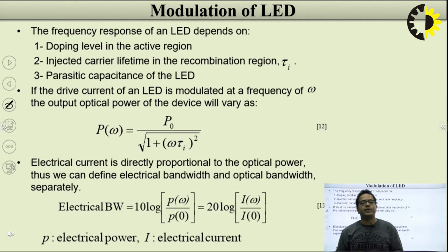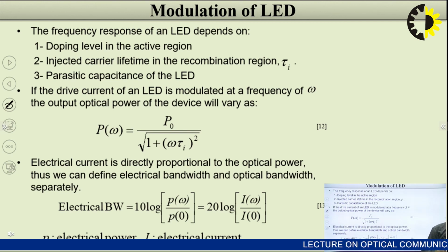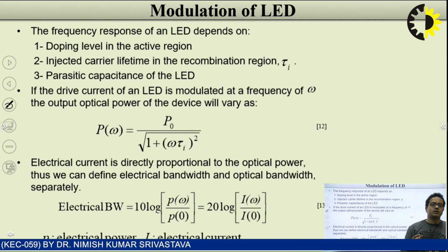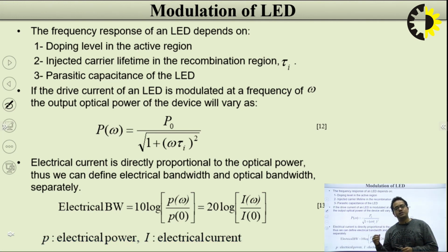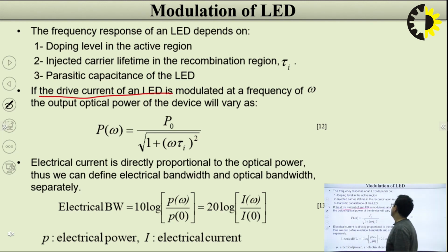If you are talking about the parasitic capacitance of the LED, the most important point is the junction capacitance. How is junction capacitance related to an LED? Junction capacitance means the depletion region, and that depletion region is going to decide the working of your LED, that means how fast it is working. Now, suppose the drive current of an LED is modulated at a frequency omega.